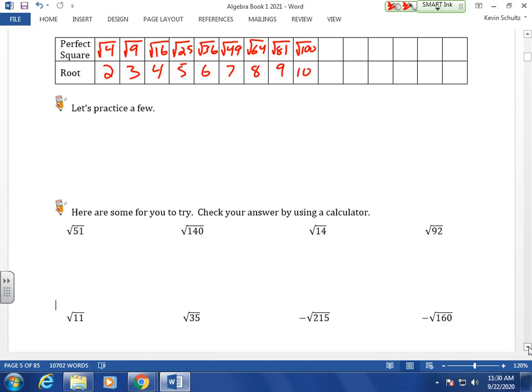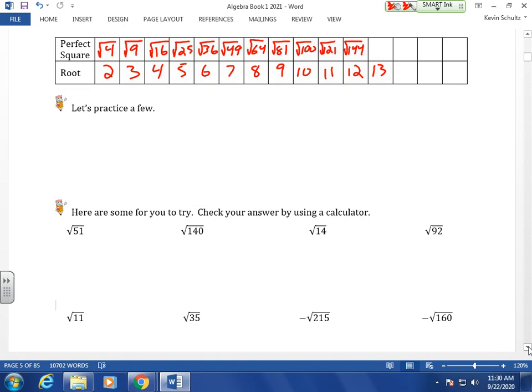Now it gets fun. What's 11 squared? The root of 121 is 11. How about 12 squared? 144. 13 squared. Yeah, 12 squared is where your multiplication chart ended when you were in fourth or fifth grade, right?